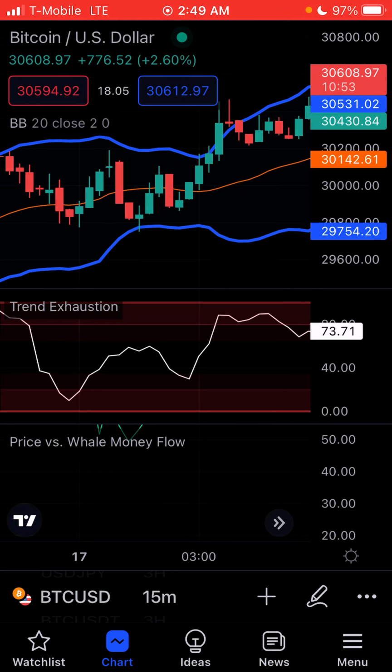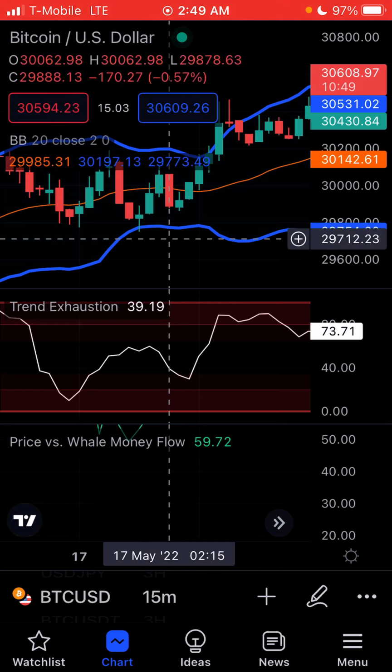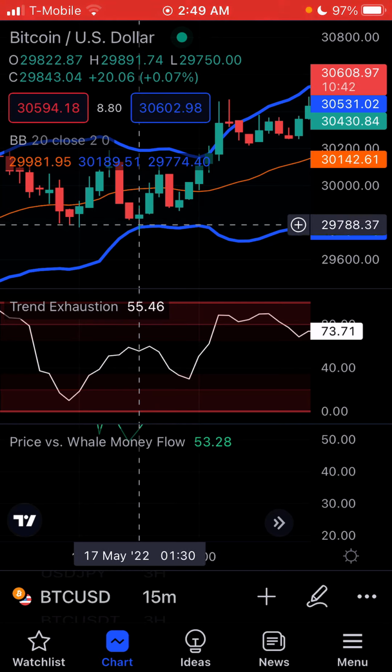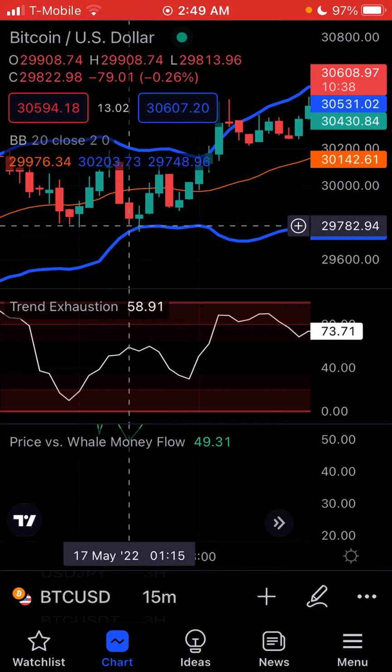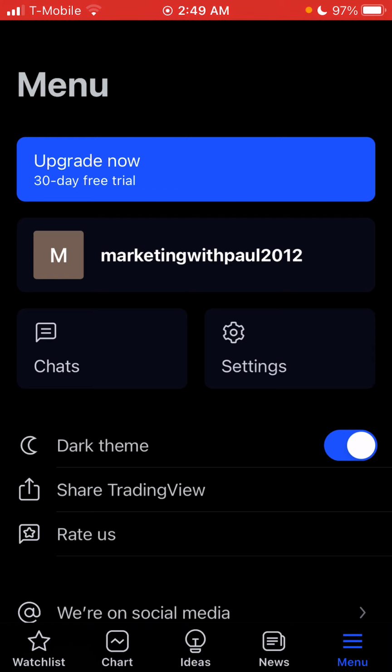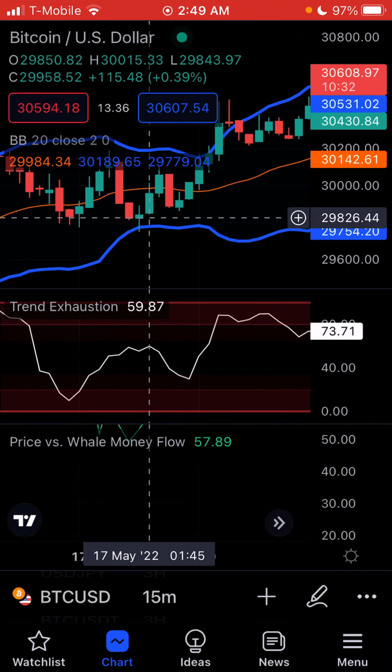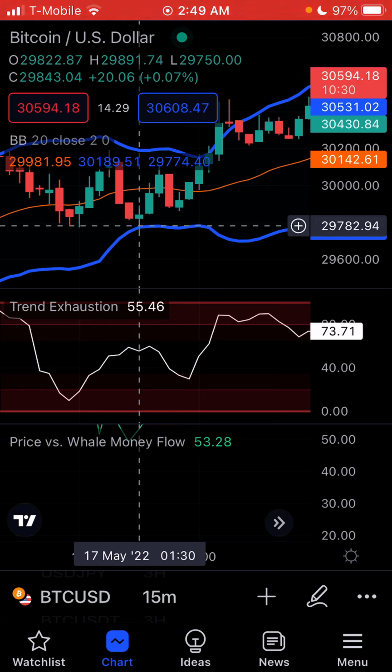So you see right here, the one down here. It's very close to the bottom, so I would probably have gotten in at that point. It almost touched the bottom of the Bollinger Band, and what happens?